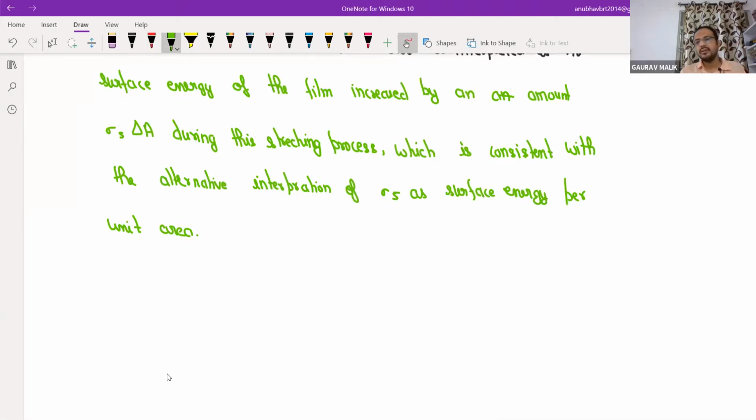As we have a rubber band and you are going to stretch the rubber band, in a similar manner here we are going to stretch the liquid film, and this additional energy or additional work is stored in the film only.